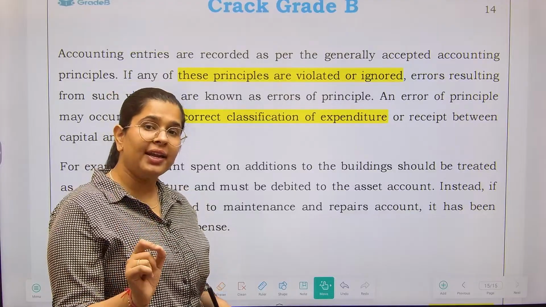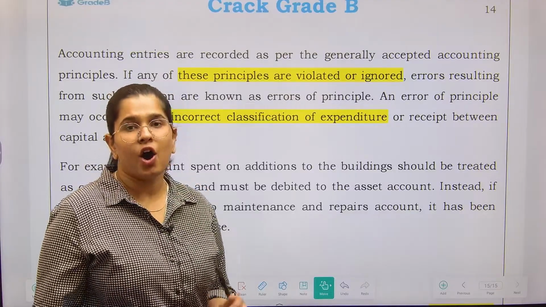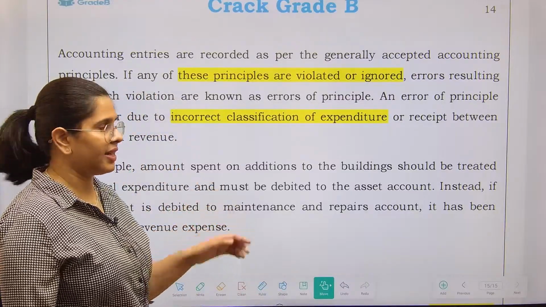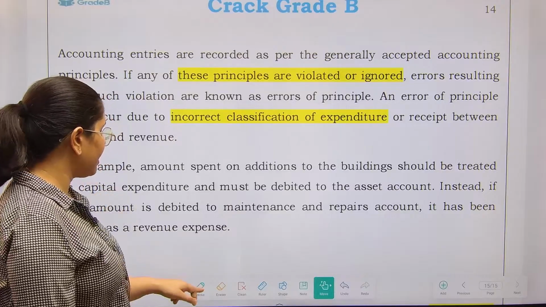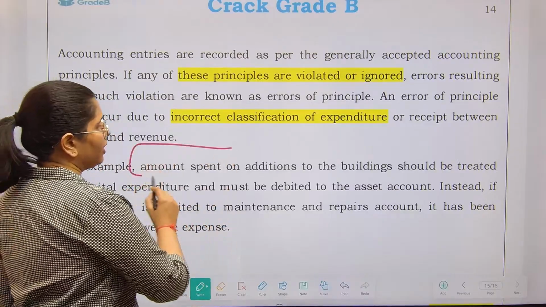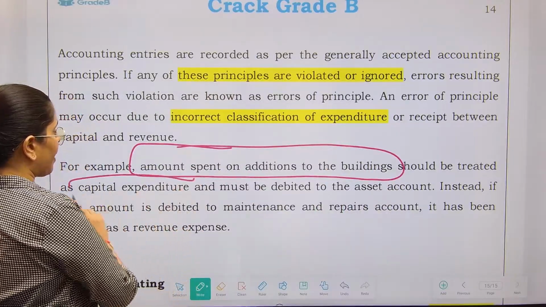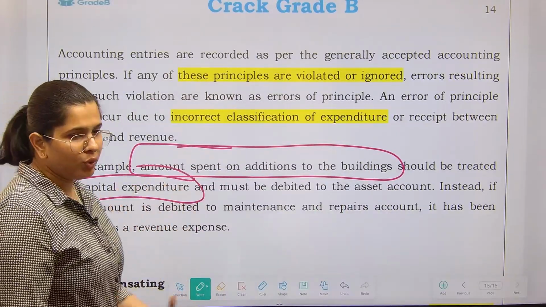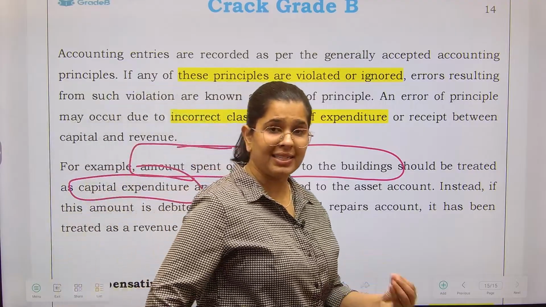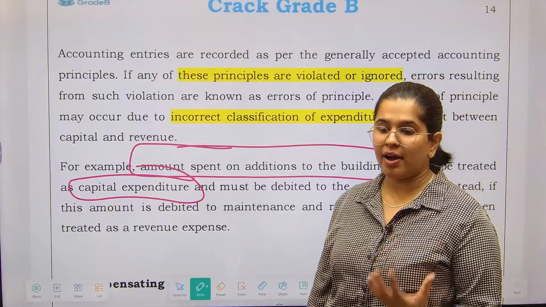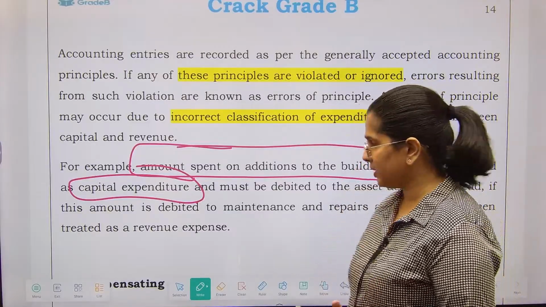I have violated the cost principle of accounting. So if any such thing has been done by you, that is the error of principle. It has been said that the amount spent on additions to the building should be treated as a capital expenditure, but you debited it to the maintenance account. It is an error of principle. You have violated the accounting principle.